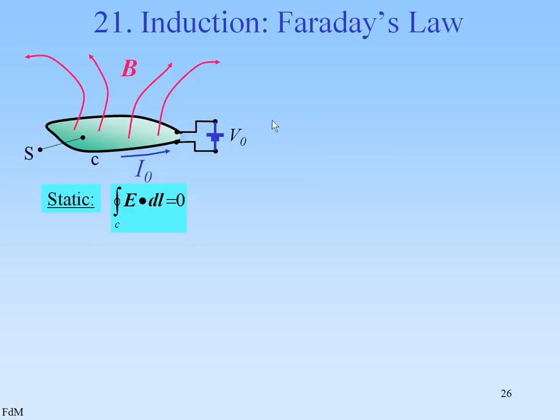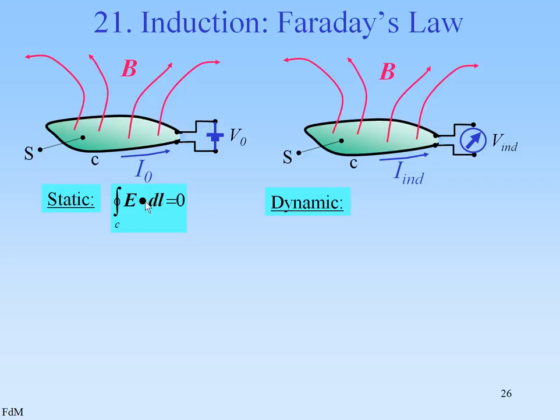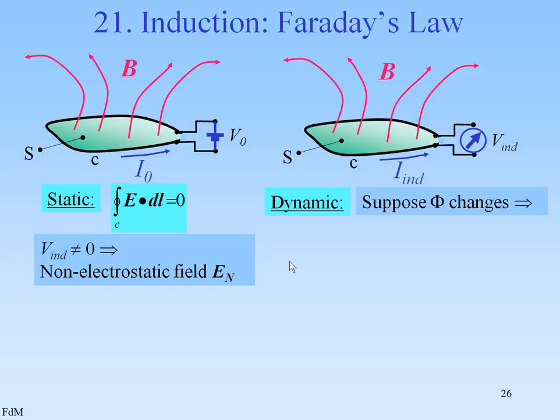Now let's go on to Faraday's law. Static, we have here that the circuit integral over the E is 0, because there is no movement. Dynamic, suppose the flux changes in time or through movement, then the situation is different.